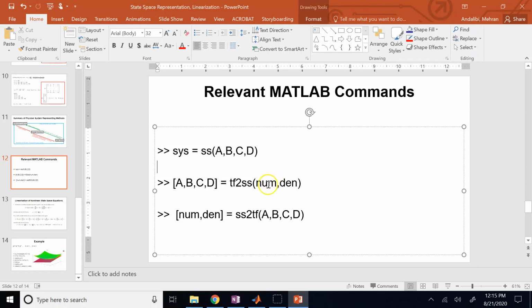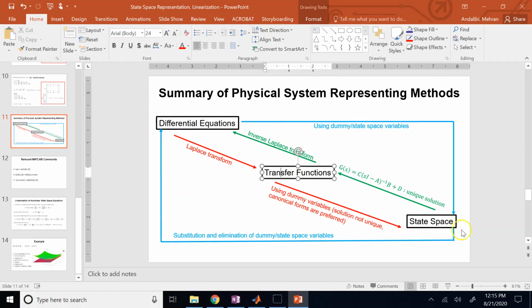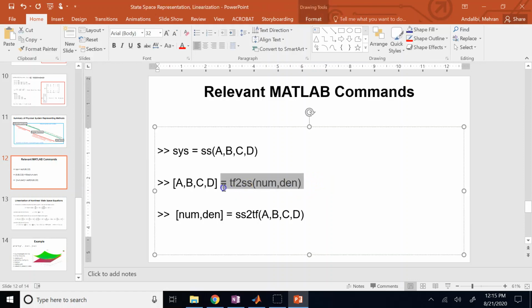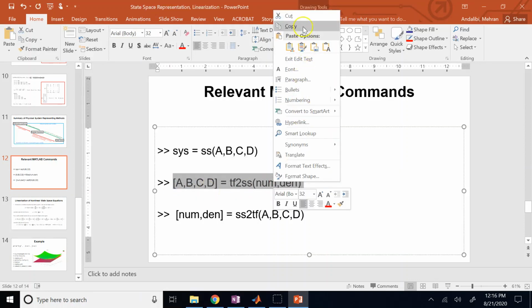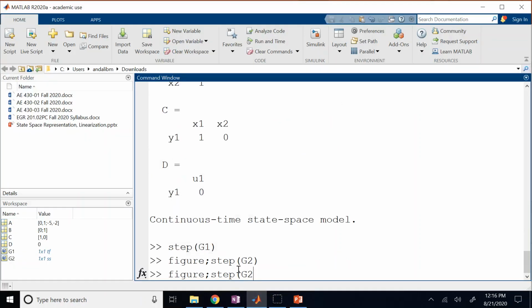Now, if I have a numerator and a denominator, can I get matrices A, B, C, D? I'm going from a transfer function to state space. Can I do that? Yes, MATLAB can do that for you. Just pass it the numerator and denominator, and MATLAB will give you A, B, C, and D. So let's do that here.